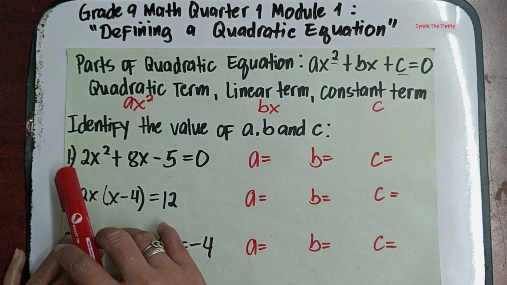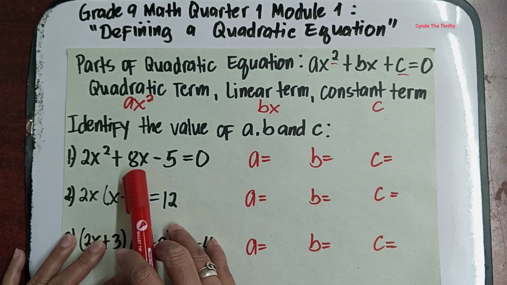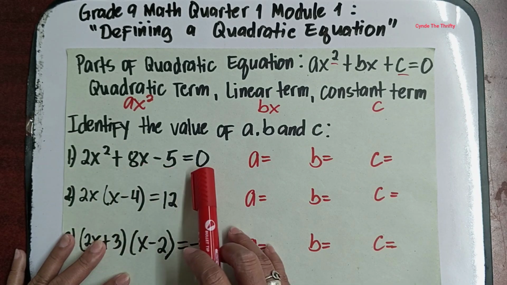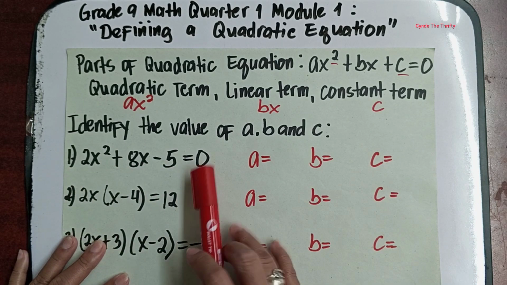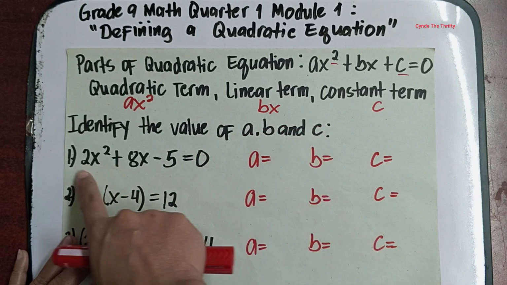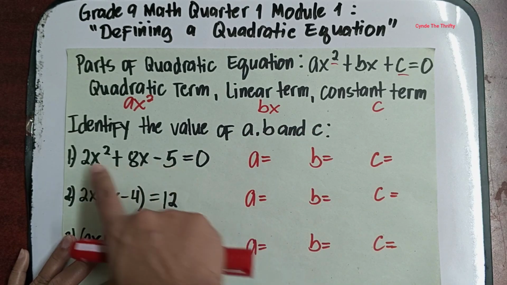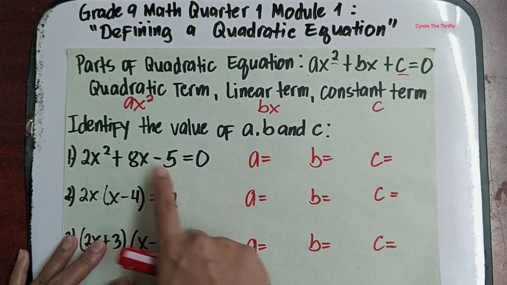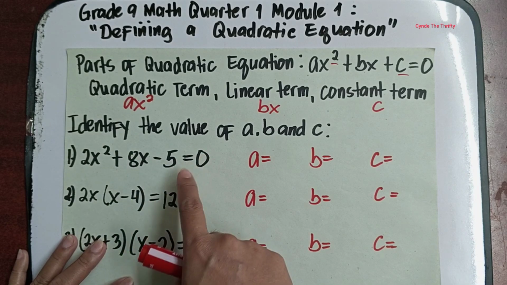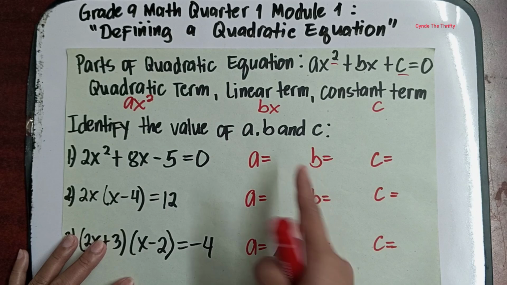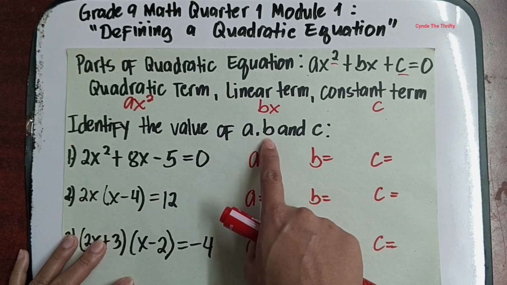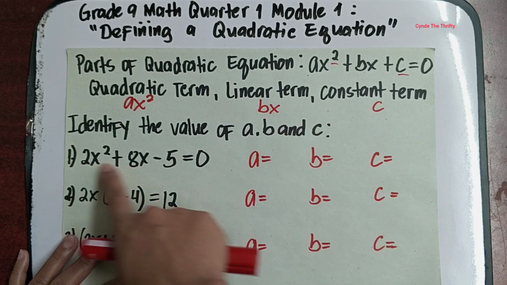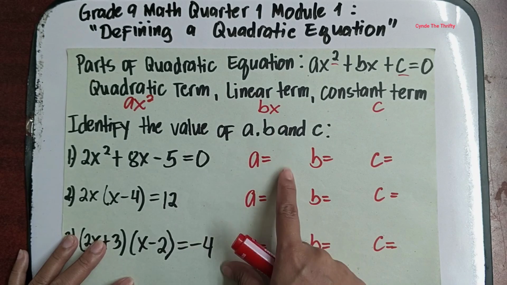So first example, 2x squared plus 8x minus 5 is equal to 0. Okay, so ang first example natin is naka-standard form. Kasi nandito ang ating quadratic term, nandito ang ating linear term, at ang ating constant term. So, madali na lang nating i-identify kung ano ang value ni A, ni B, at ni C dahil naka-standard form na ang ating quadratic equation. Okay?